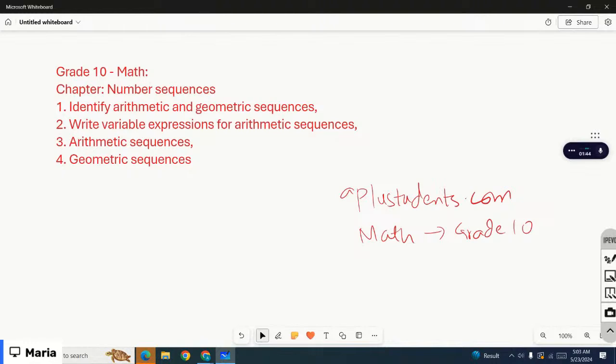We're going to start with the chapter number sequences, and the lessons we're going to cover today are identify arithmetic and geometric sequences, write variable expressions for arithmetic sequences, then arithmetic sequences and geometric sequences, right? So let's just start with the first lesson.